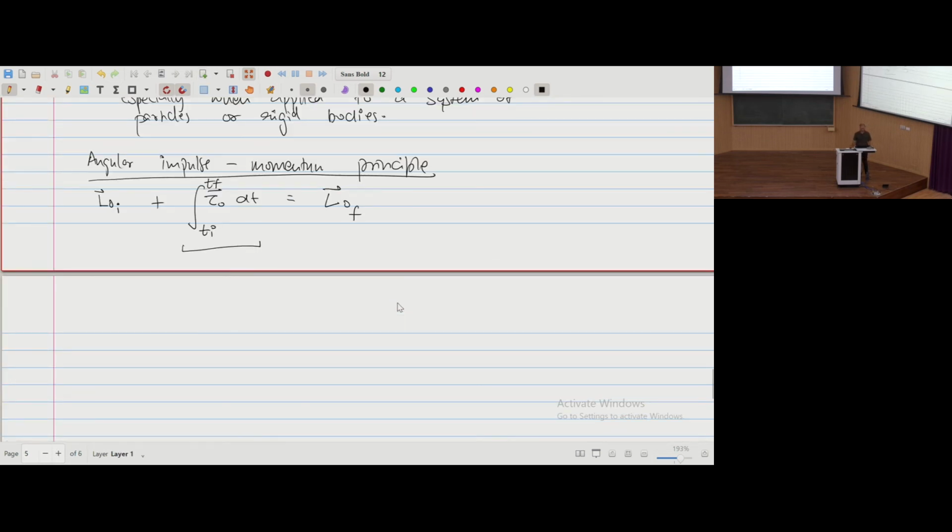Now, when the motion is happening in a plane, you do not even need to write the vector form, because we know that the sense of coming out of the plane of paper is positive and going in is negative. These are the only two directions of angular momentum or torque you will have, because the motion is happening in a plane. So, for motion in a plane, we sometimes write it in a scalar form, and the direction is understood from there.